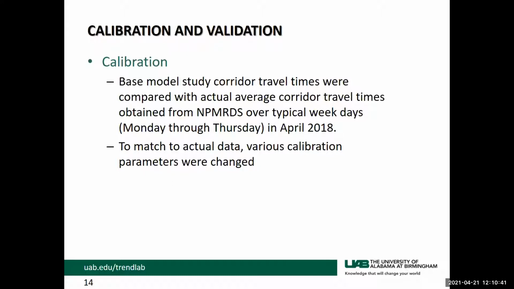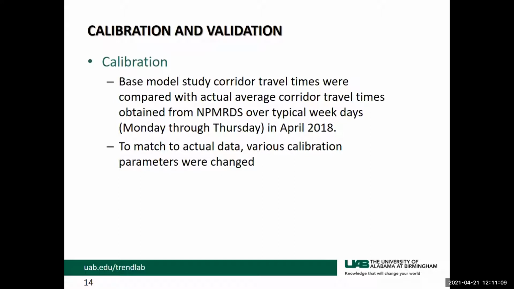Because that way we can have confidence in the model being representative of the actual field conditions. In order to do this, we obtained data from NPMRDS, that's a national database, and this data were travel times data that are collected routinely.